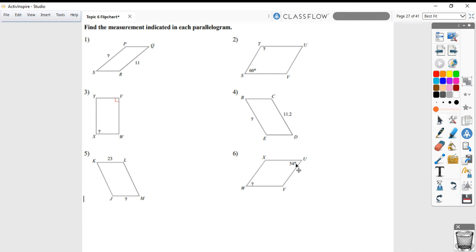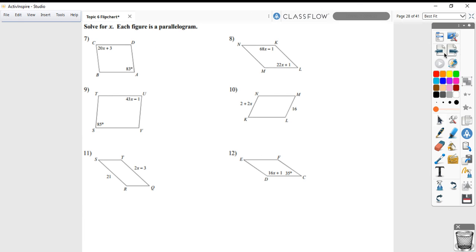Well, this angle that's given and this angle that it's asking for are opposite angles. And on a parallelogram, opposites are congruent, not supplementary. There are some problems like that where you're looking for the missing measurement, but there are some like this also where it wants you to solve for x. Okay, so you have to know on these two opposite ones, they're congruent to each other. But on these two consecutive ones, this plus this equals 180.